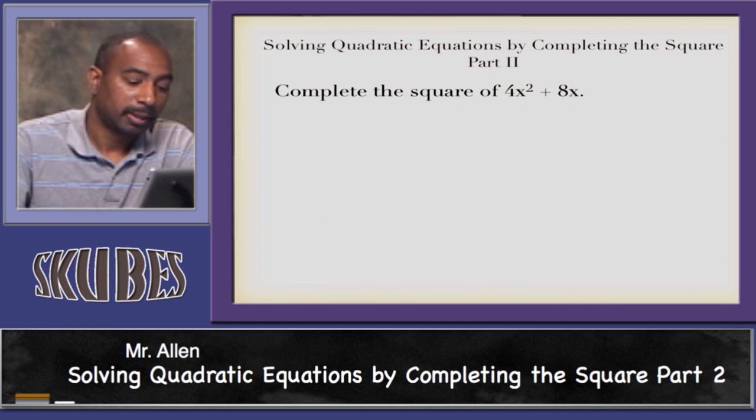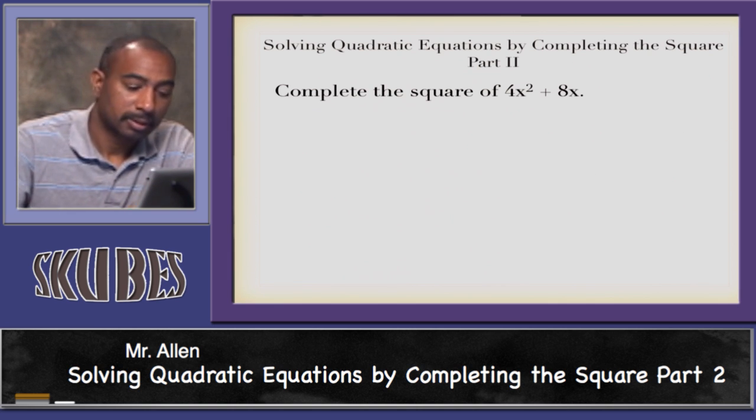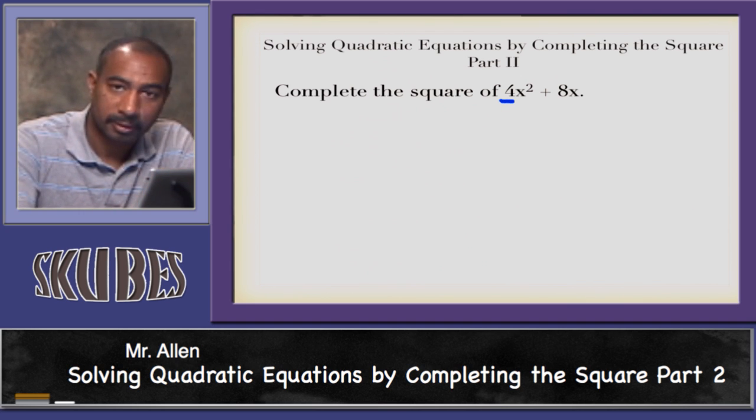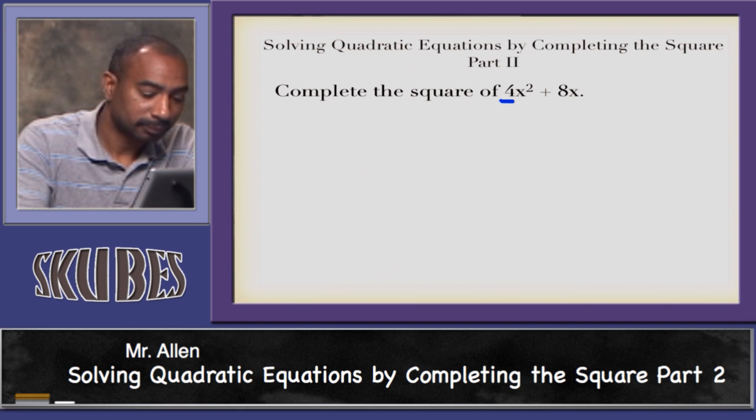For example, complete the square of 4x squared plus 8x. So this time we have a leading coefficient that's greater than 1. So you don't just hop and divide 8 by 2 and square the result. What you're going to do is divide everything by 4 first. So we got 4x squared plus 8x.